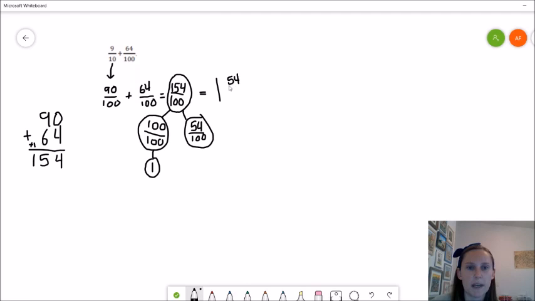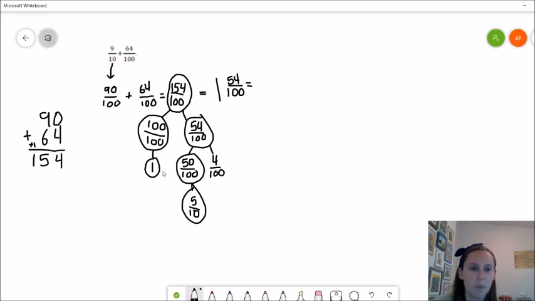But if I wanted to write this as a decimal, I do need to break it down a little bit further and see how many tenths and how many hundredths that would be. So my 54 hundredths, I can decompose that even further into 50 hundredths, which is equivalent to 5 tenths, and 4 hundredths.